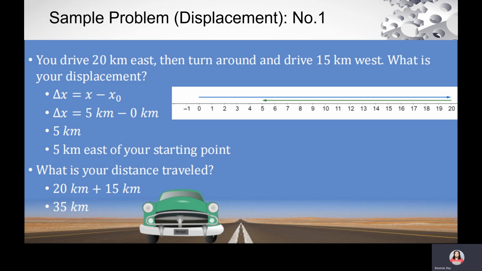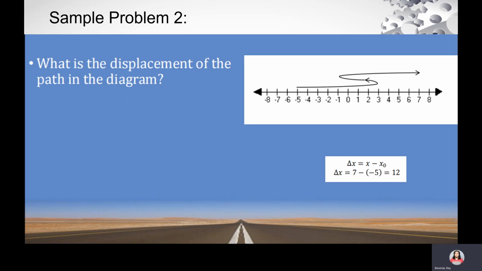Okay, next, meron tayo dito another problem. So, what is the displacement of the path in the diagram? So, dito sa diagram natin, makikita mo, ang ating initial position is nasa negative 5. And then, ang ating final position is nasa 7.